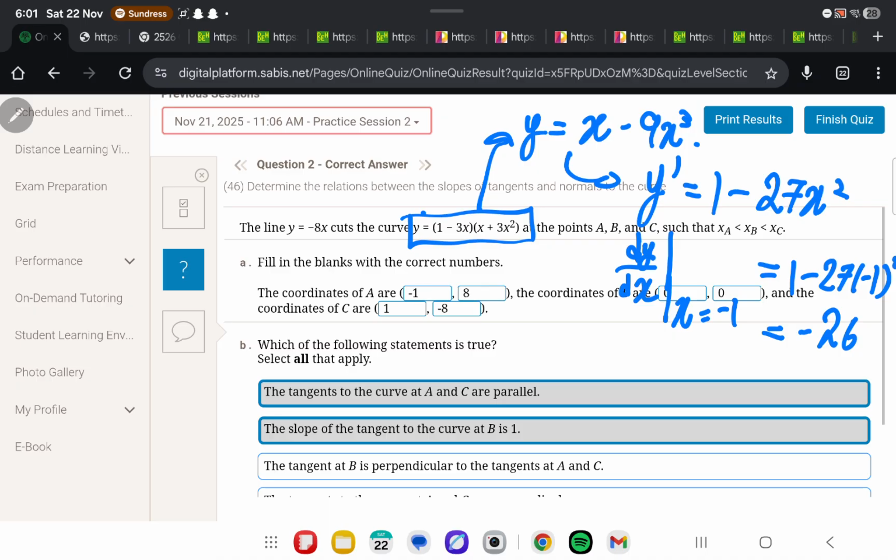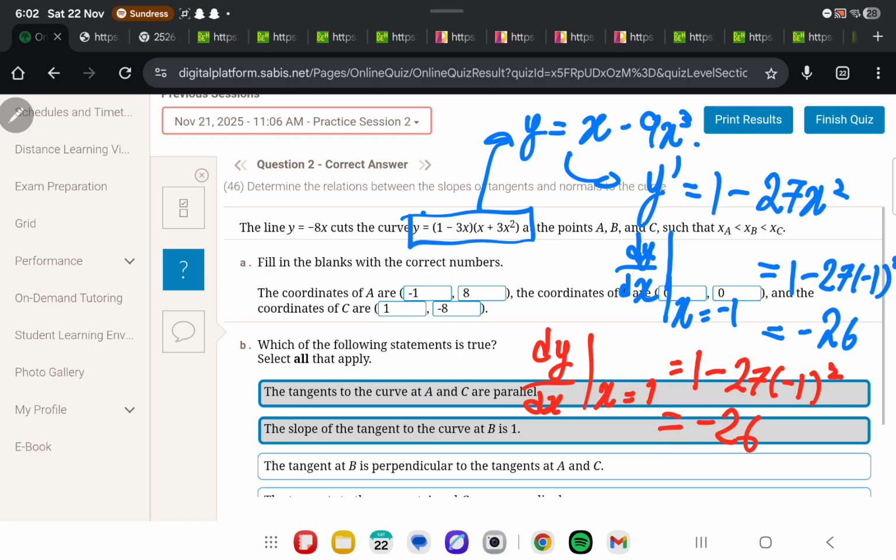Okay, so this is at x equals negative 1. Now let me do it for x equals positive 1. So dy by dx at x equals 1 gives 1 minus 27 into 1 squared, which is the exact same thing. It will give you negative 26. So yes, it is true they are parallel.